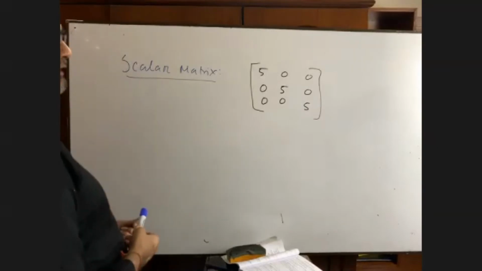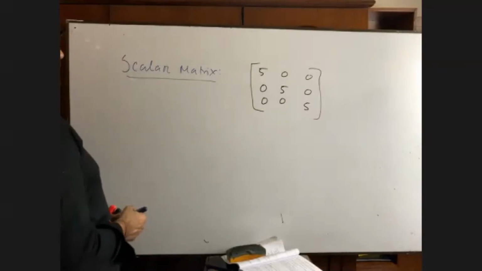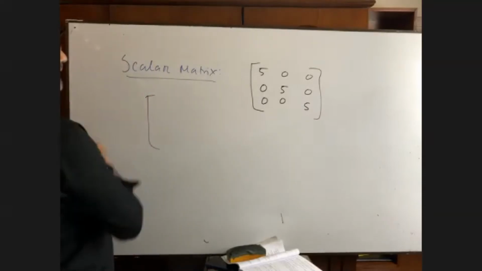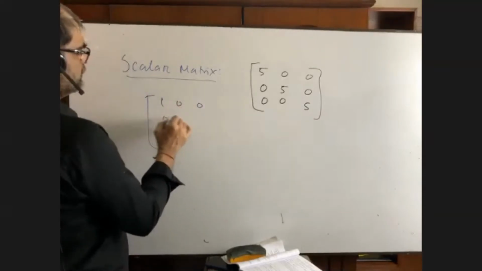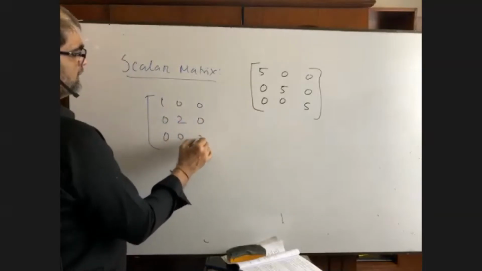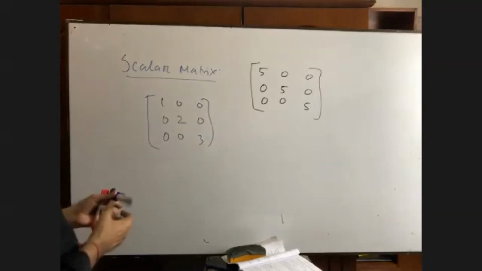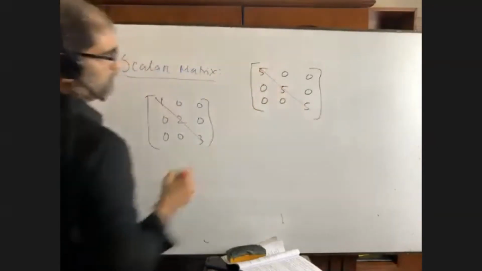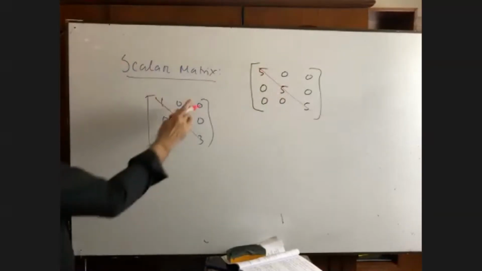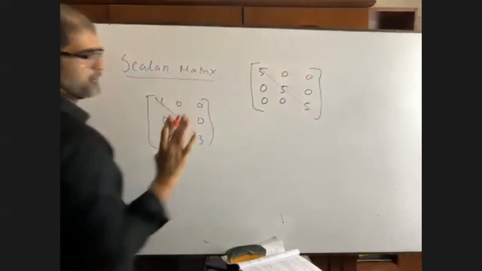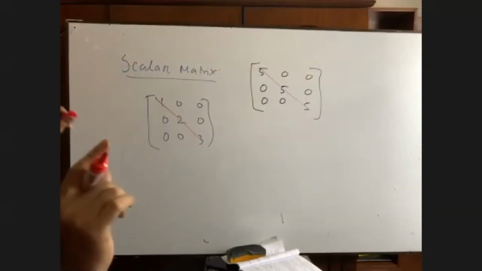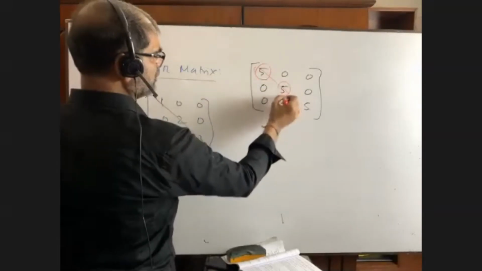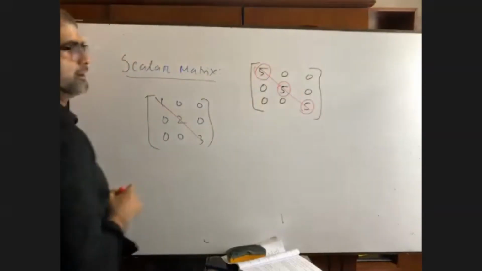A scalar matrix and a diagonal matrix have differences, but also similarities. Diagonal matrix 1 0 0, 0 2 0, 0 0 3. They are non-zero, here they are also non-zero, right? Other entries are 0. So there are similarities, but there is only one difference: for a scalar matrix, the entries along the principal diagonal will be equal.